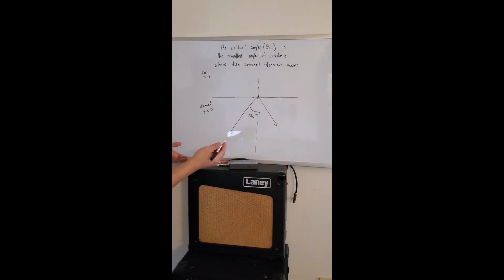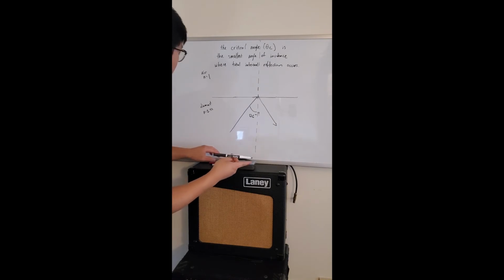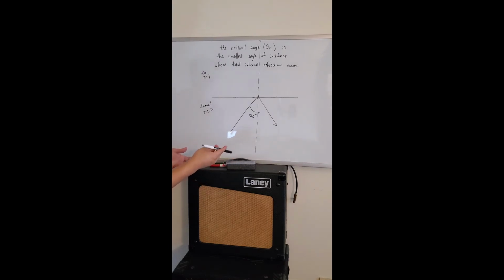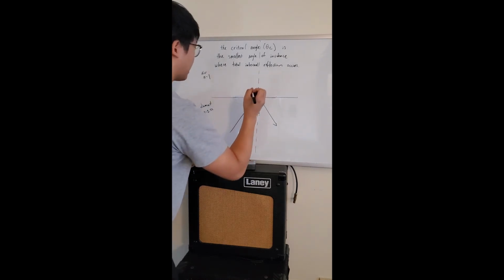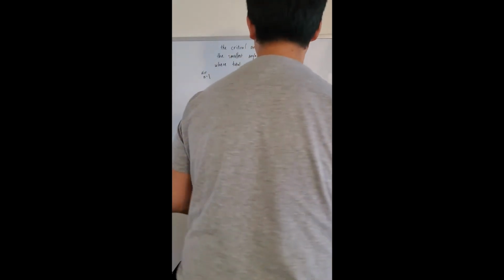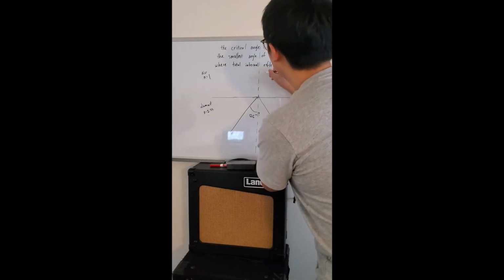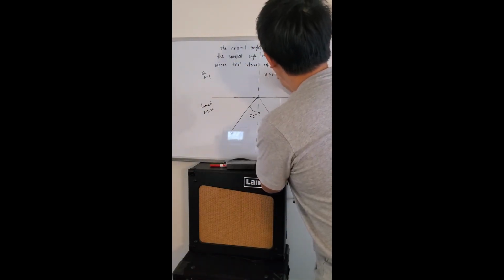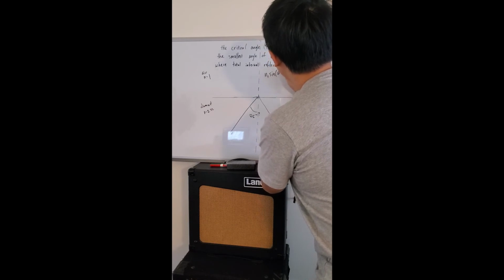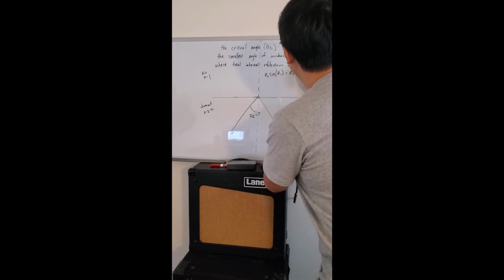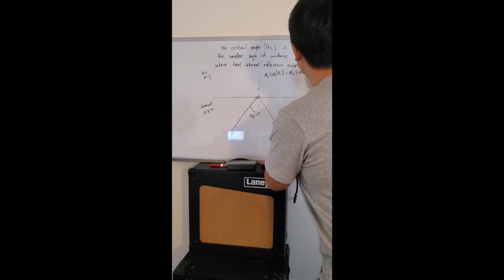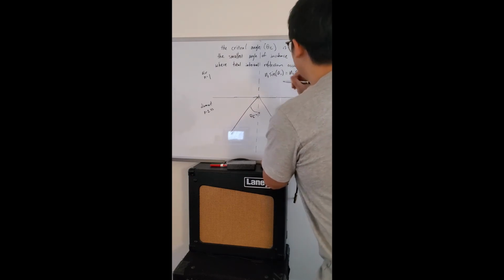Now, I know I gave you a generic formula for the critical angle, but for good practice, let's try to derive it ourselves from Snell's law originally. So we had n1 sine theta 1 is equal to n2 sine theta 2.